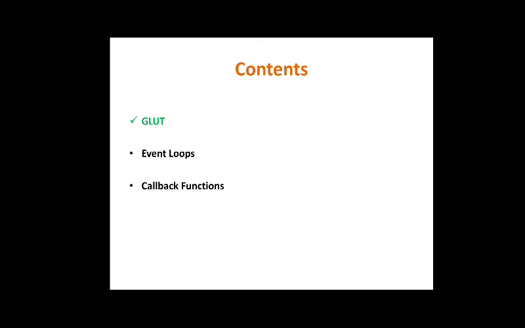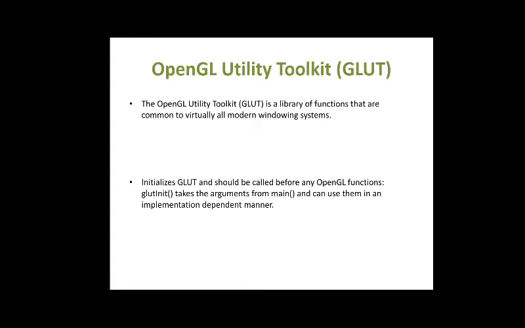Then let us start with GLUT. So what is GLUT? The full form is OpenGL Utility Toolkit, which is a library of functions that are common to virtually all modern windowing systems.